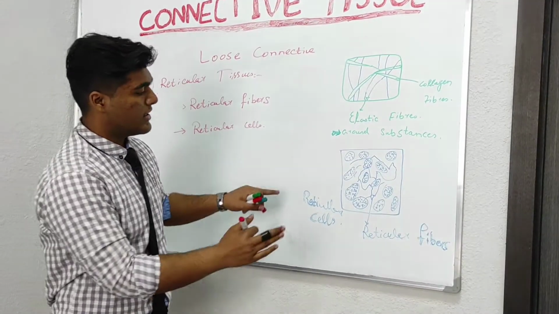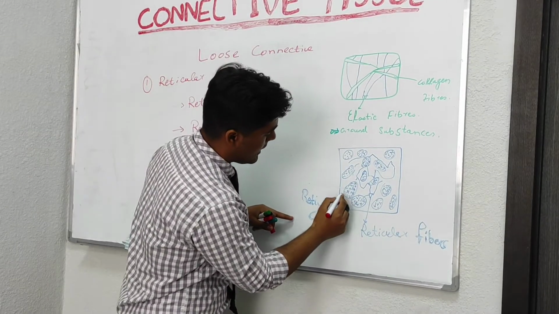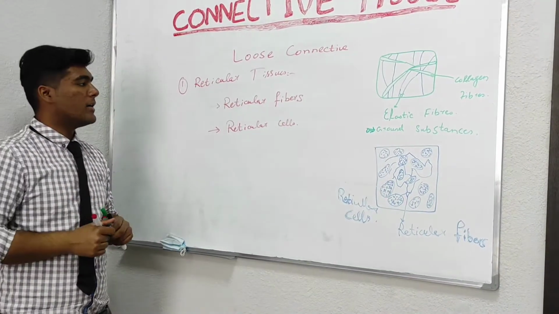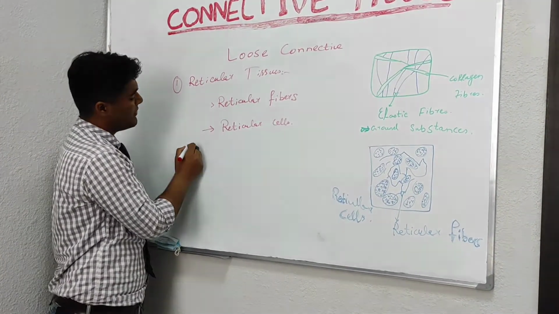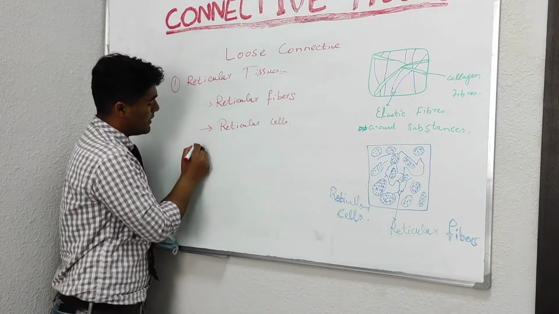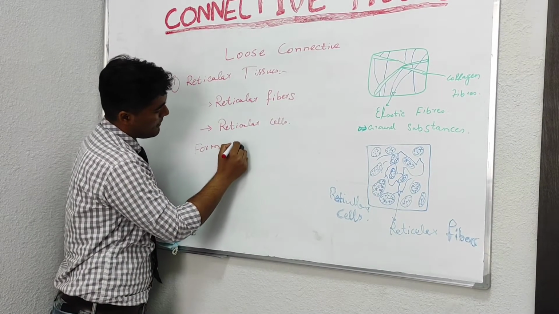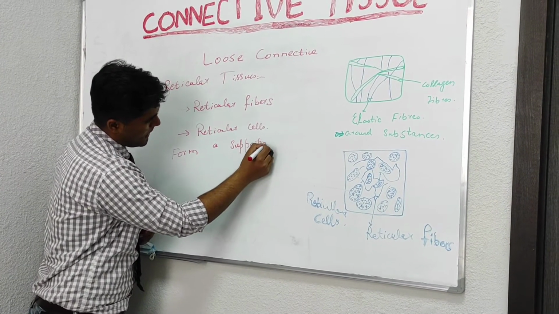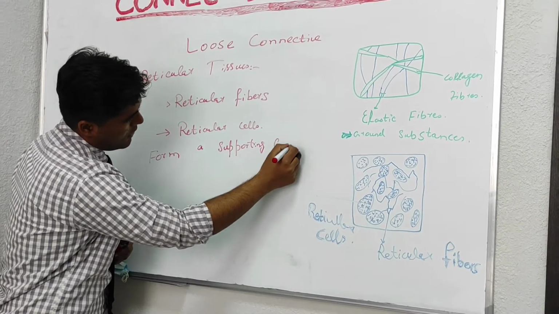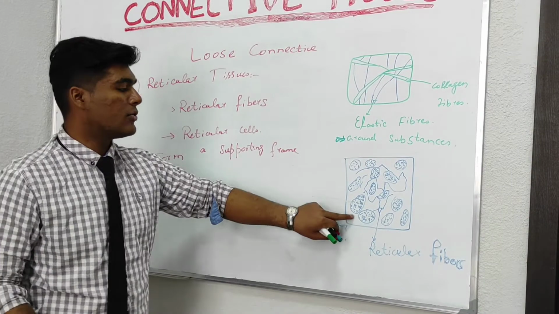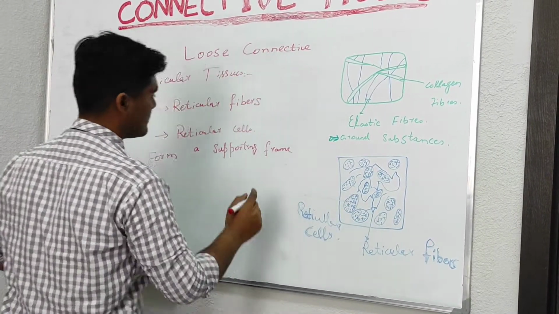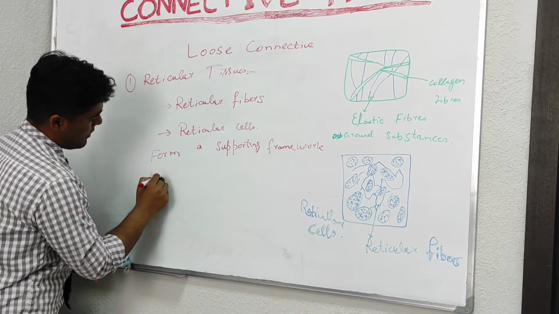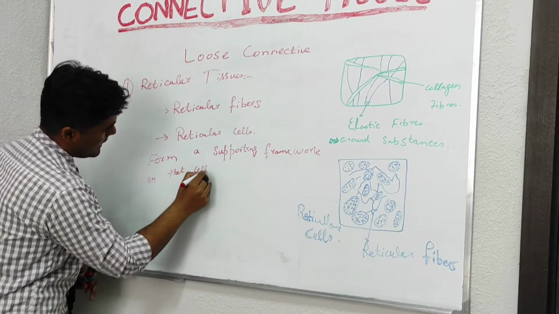In this diagram, you can very clearly see a reticular cell and reticular fibers. Reticular fibers form a supporting framework, and on that supporting framework the cells are lodged, like in this diagram.